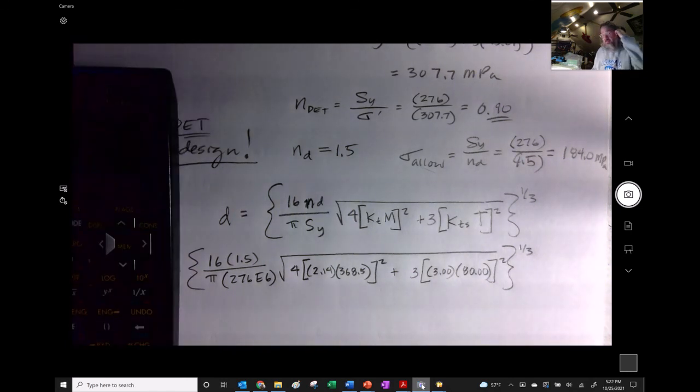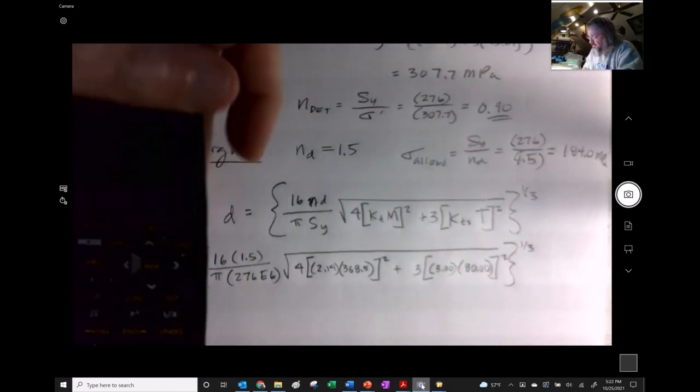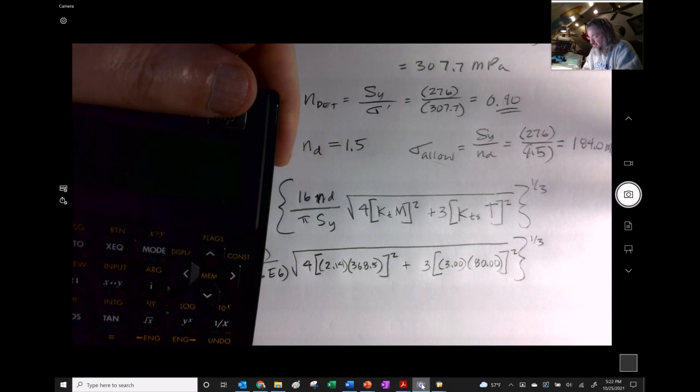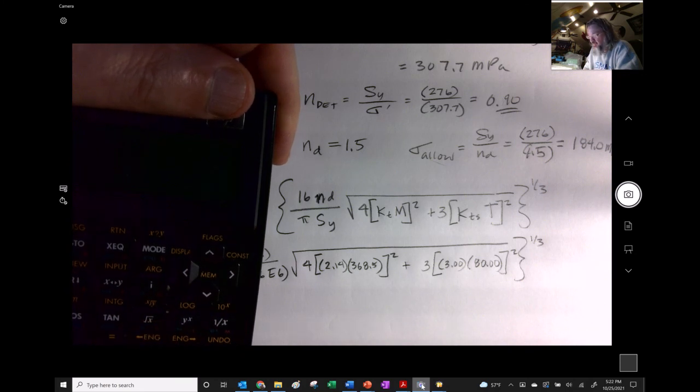So, Hewlett-Packard calculator to the rescue. I enter 368.5 times 2.14, square it, multiply by 4. Then 80 times 3, squared, times 3.